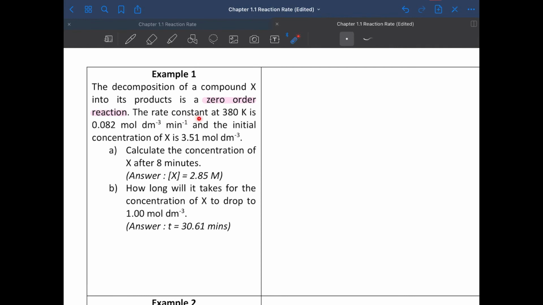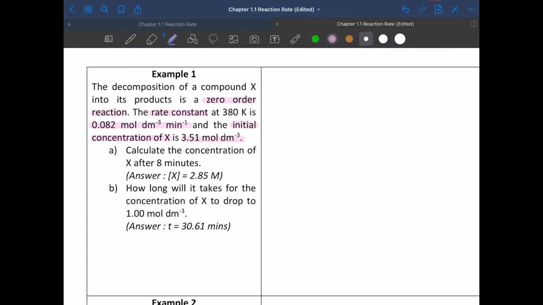And the rate constant is 0.082 mole per dm cube per minute. You can highlight that this is the rate constant. The initial concentration of X is 3.51 molar per dm cube.